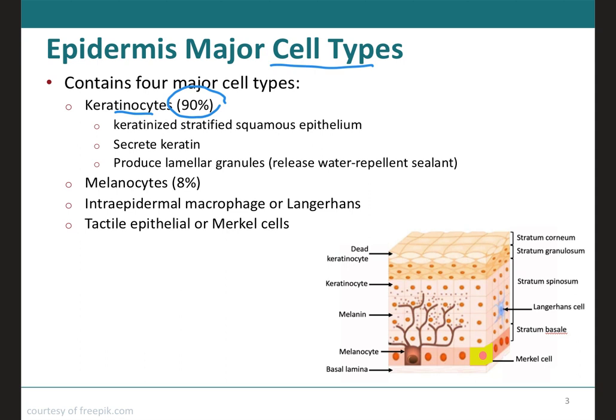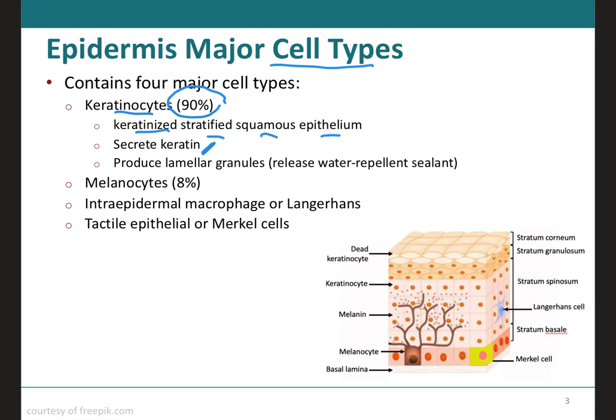They are at different stages of development, but they are still keratinocytes. Also, from the previous slide, we know that keratinocytes originate from stem cells. They also secrete keratin, which is important for the keratinization of the epidermis. That's why we can say that the epidermis of skin is a keratinized stratified squamous epithelium.